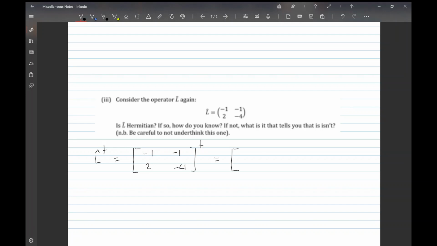The conjugate transpose is effectively just given by the transpose in this case because all the entries are real. But this matrix here is definitely not equal to L. And so this matrix is not self-adjoint, it's not Hermitian, it does not constitute an observable in quantum mechanics, even though its eigenvalues are real.